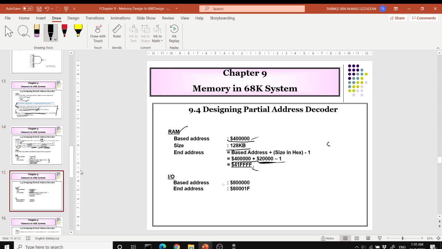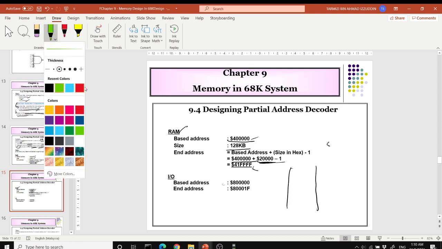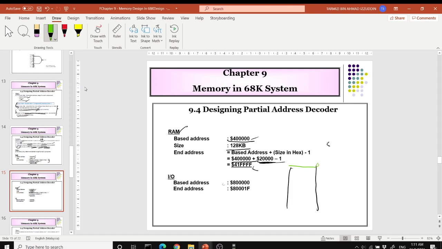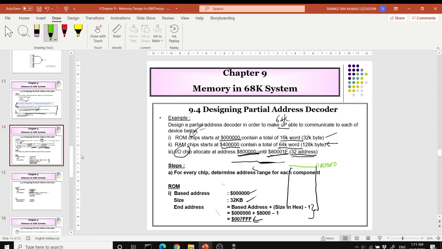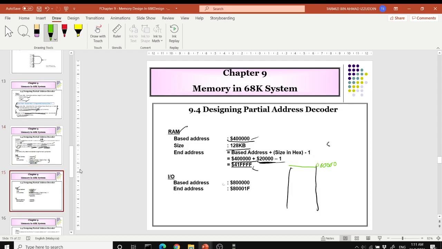So you can imagine that in your memory address space, let's use a different color for each peripheral. Let's use green from 000000 up to 007FFF.